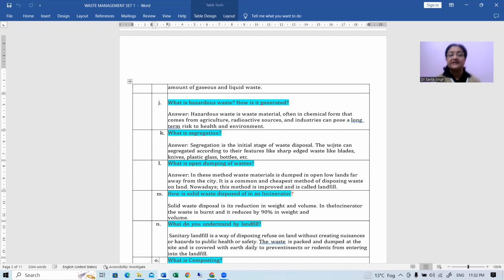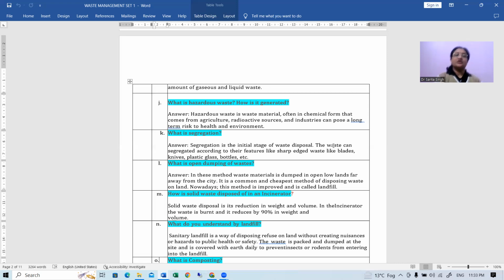The waste can be segregated or separated, okay, according to their nature, right? It can be separated into dry waste and wet waste, okay, biodegradable and non-biodegradable, then recyclable waste, and different categories. And this separation of waste according to its nature is called segregation.